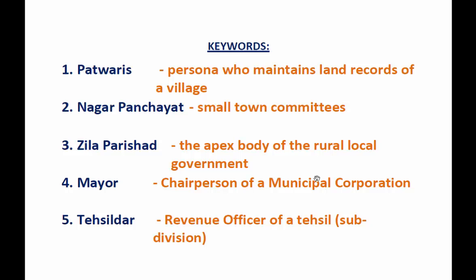Jila Parishad are the PRI body of the rural local government. Mayor is the chairperson of a municipal corporation. Tehsildar is a revenue officer of a subdivision or a tehsil, which is also known as SDO, Sub-Divisional Officer. So these are some of the keywords. I wish you should learn all the words before we go into this lesson.